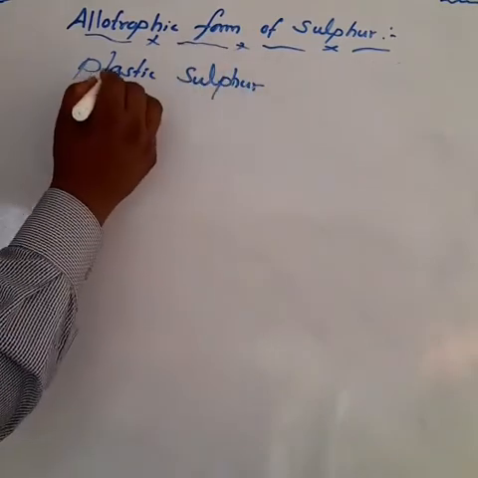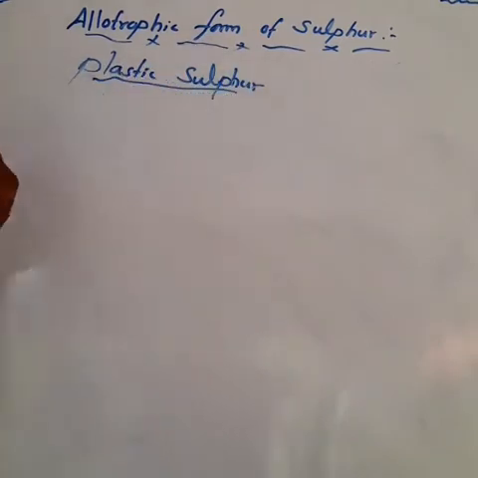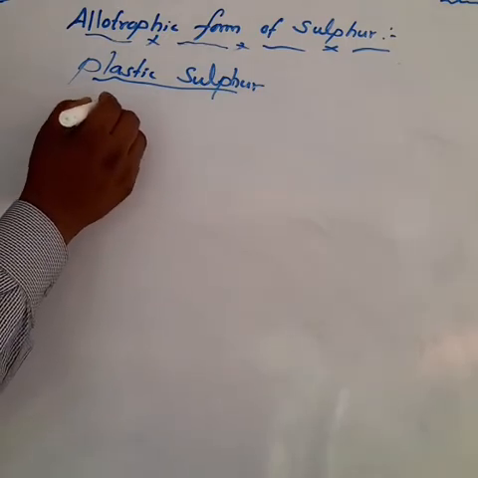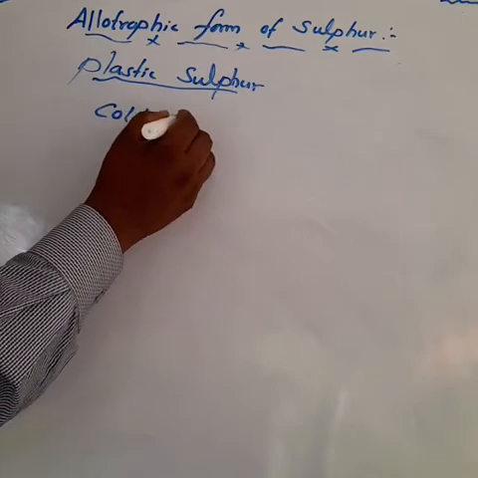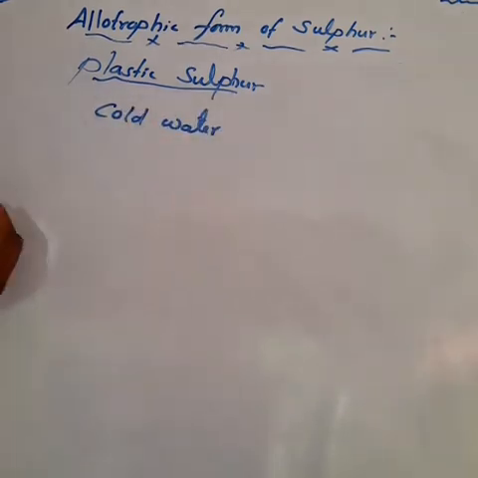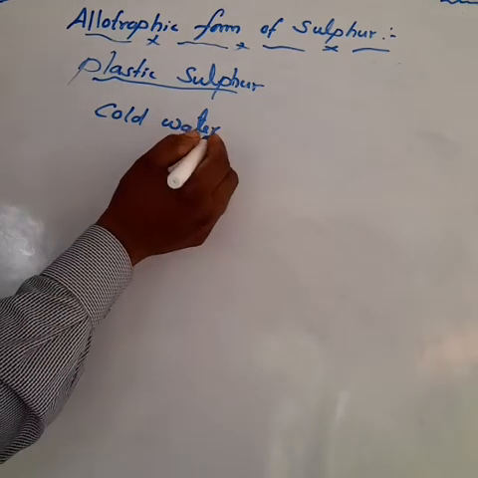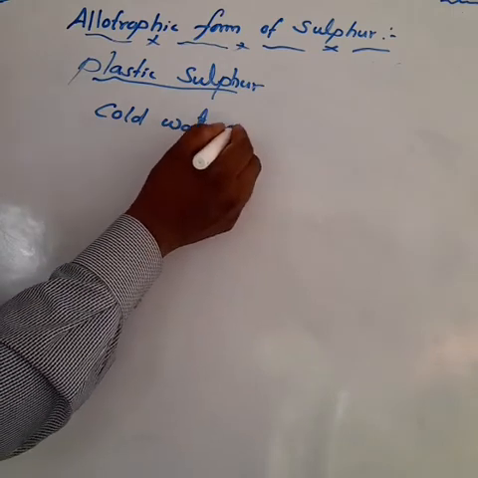If you need plastic sulfur, we have to take molten sulfur and pour it into cold water.